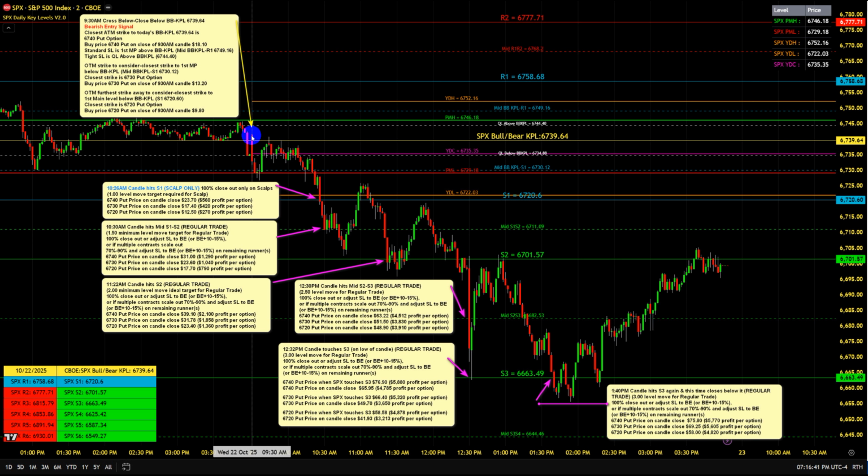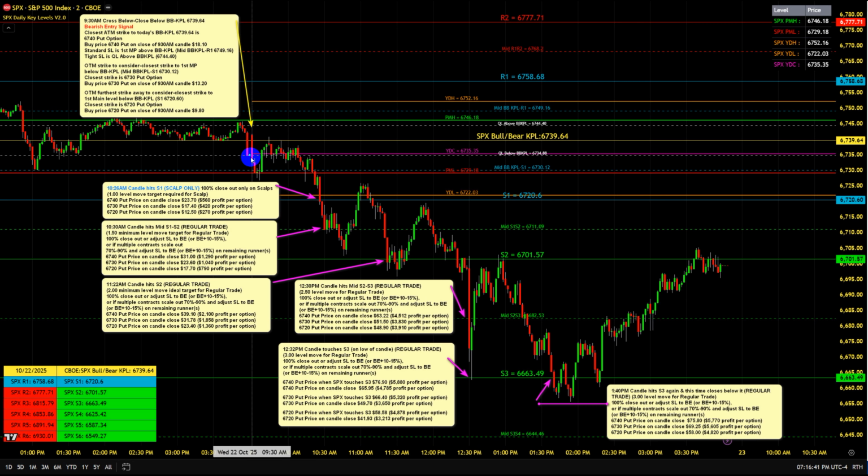So if you're going to be trading the opening candle, you want to make sure where this candle is going to close. Because even if it opens below, it could close above, and then you would have a bullish entry signal instead of a bearish. So this candle could have crossed below, and then risen back up and closed above. So the important thing is where it does close.